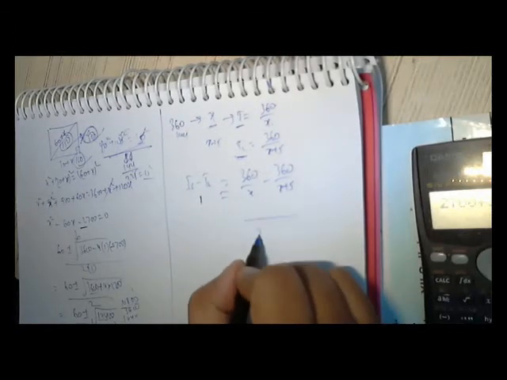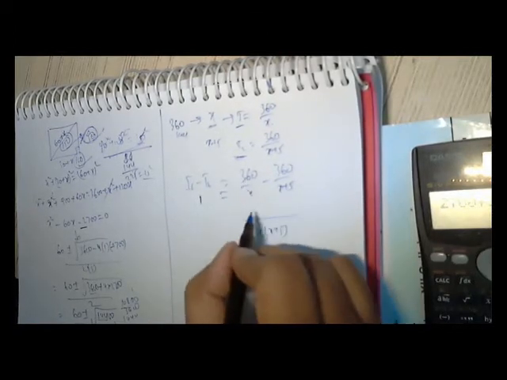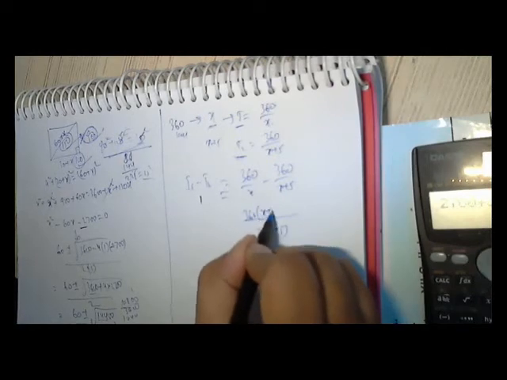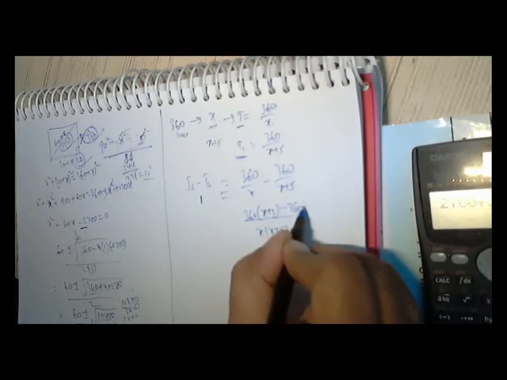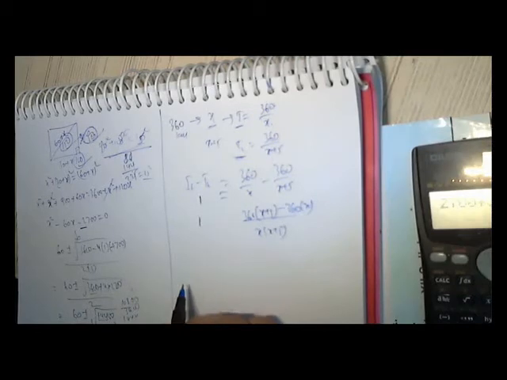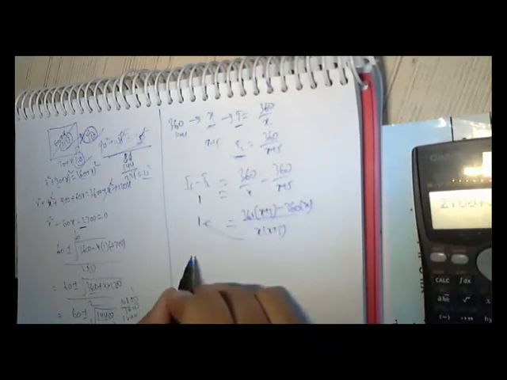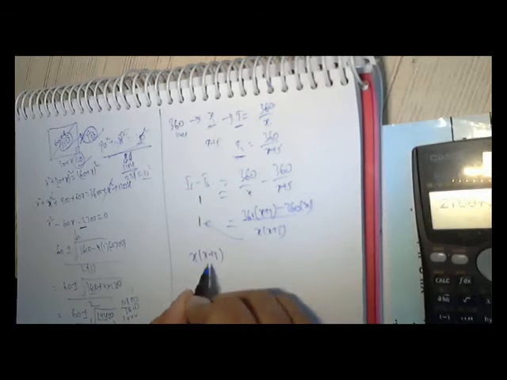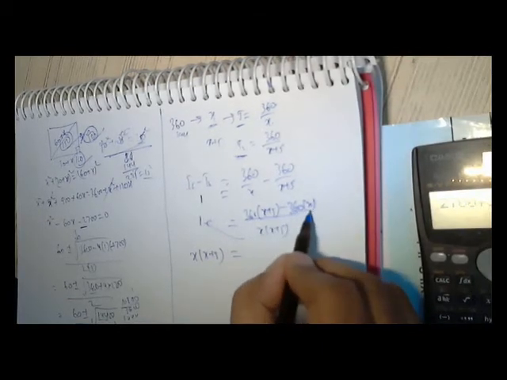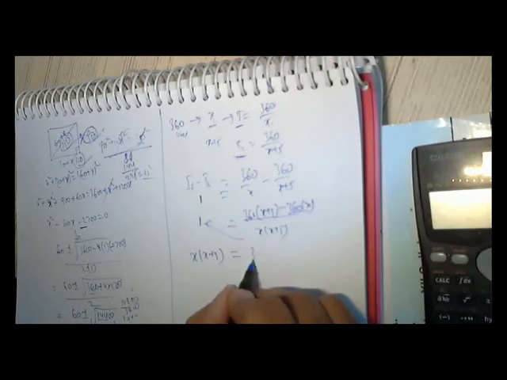So if I take LCM here, x into x plus 5, so 360 into x plus 5 minus 360 into x is equal to 1. So the denominator comes to the numerator. x into x plus 5 is equal to 360 minus 360 could cancel. 360 into 5.